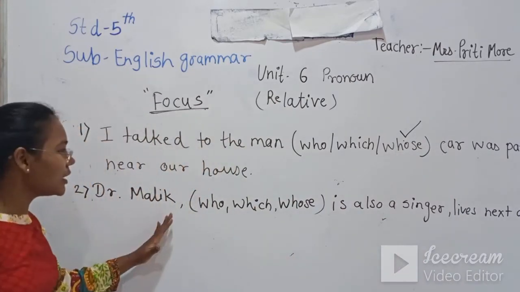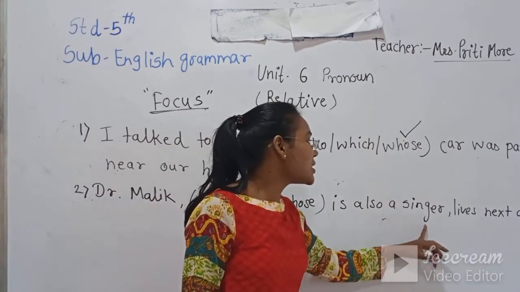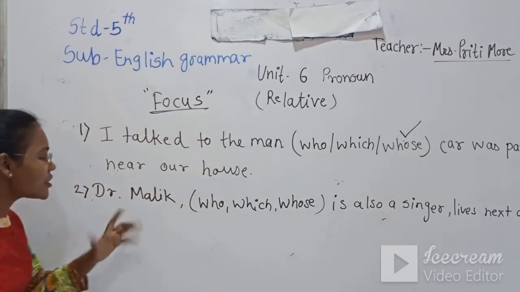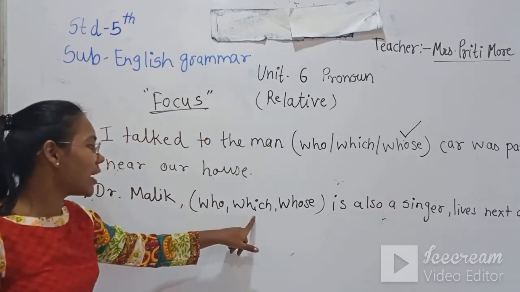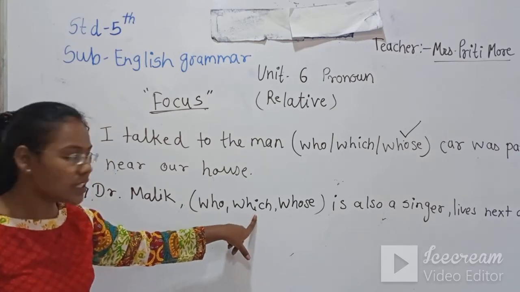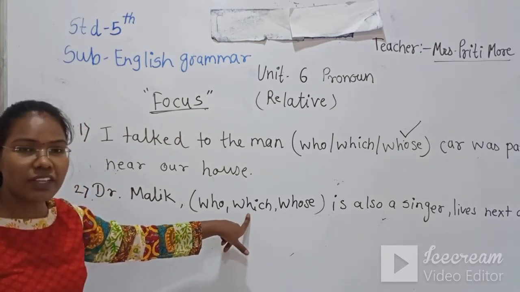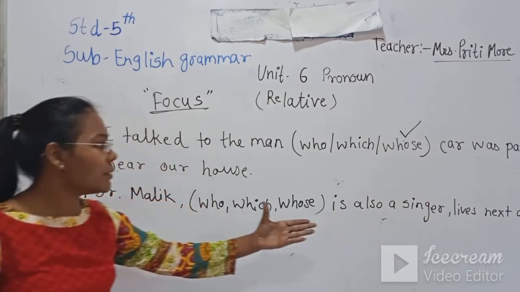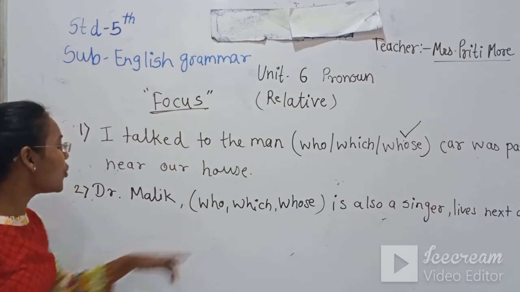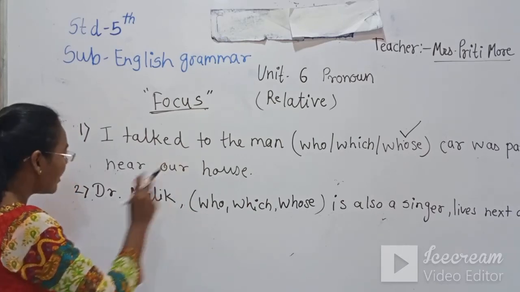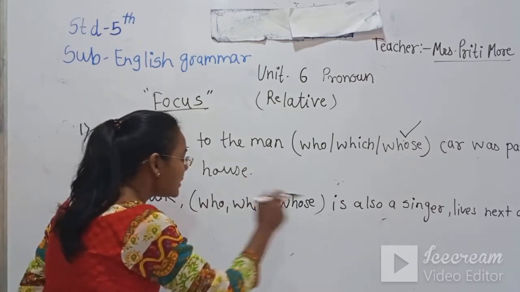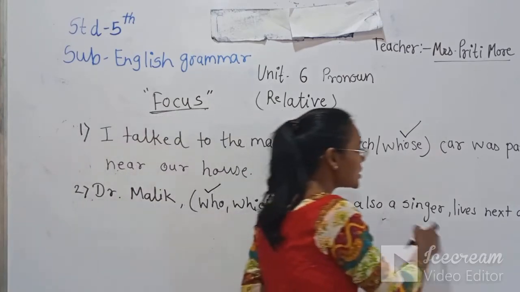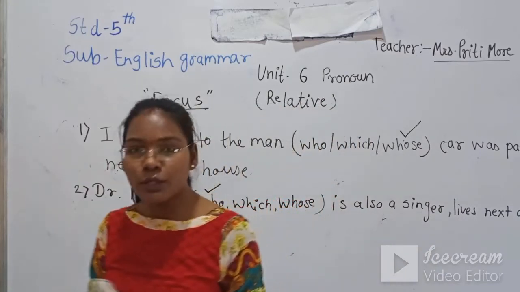Now see, Dr. Malik is also a singer, lives next door. This sentence is talking about Dr. Malik. So we cannot use which, because which we use for non-living things, and whose, the authority, cannot be here in this sentence. So which relative pronoun is correct? Dr. Malik who is also a singer, lives next door.